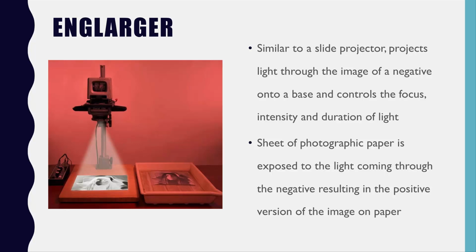So if you look, there's this machine, and there's a variety of these. They do similar things, but some are even more modern than the one in this image. Basically, you put the film inside the enlarger, and it works like a projector, and it projects that image onto a light-sensitive paper or film, depending on what you want it to develop on.